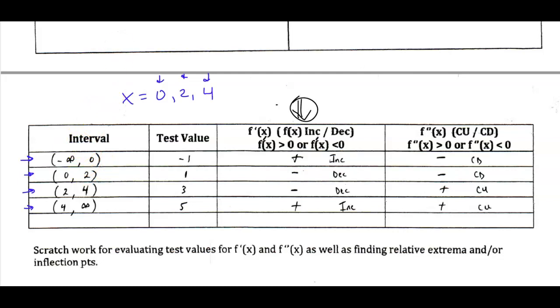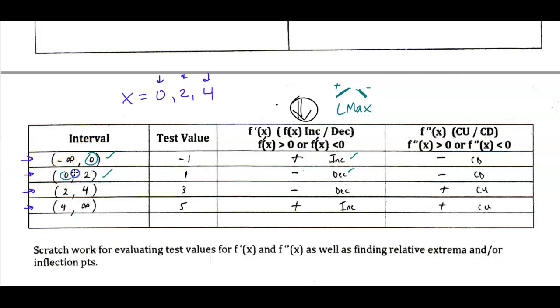So if we look a little closer here, we'll use a different color, notice that from the first interval to the second, we go from increasing to decreasing, meaning we go from having positive tangent line slopes to negative tangent line slopes. In that case, we see that we have a local max here.